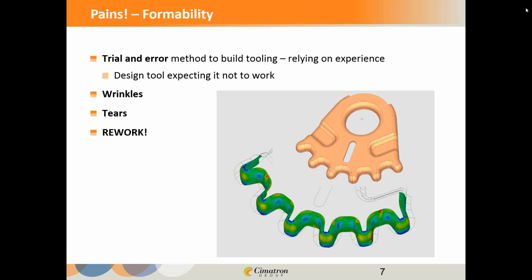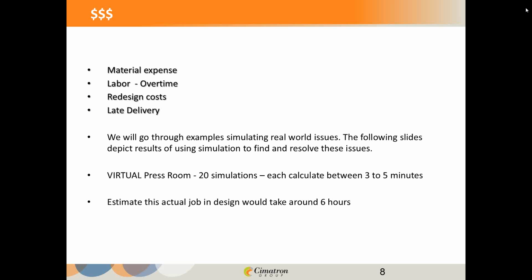They want to see how it fails so they know what to do to make the adjustment. The part could wrinkle, the part could tear. All in all, we're talking about reworking a die, sometimes several times, in order to get the results that we're really looking for. So the question that could be asked then, all this work, has it been anticipated? Was that cost included in the initial quotation? Talking about the expense of replacing your die steels, having to work overtime, all those redesign costs.